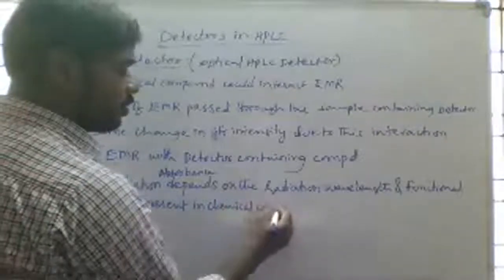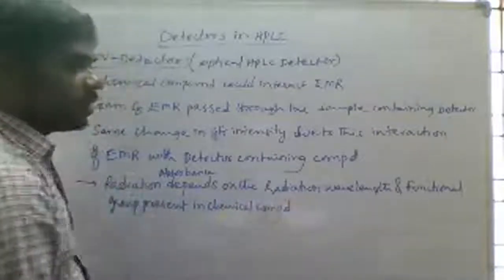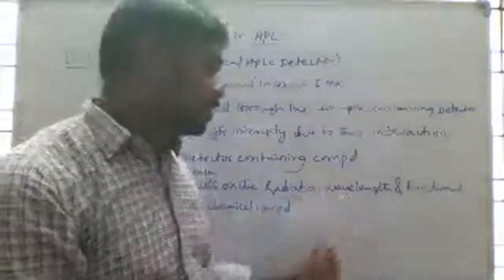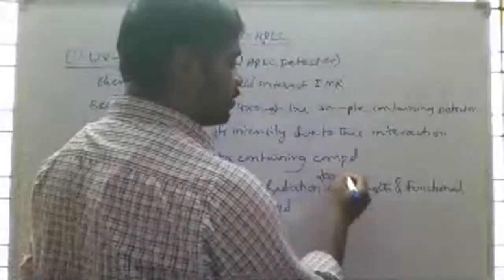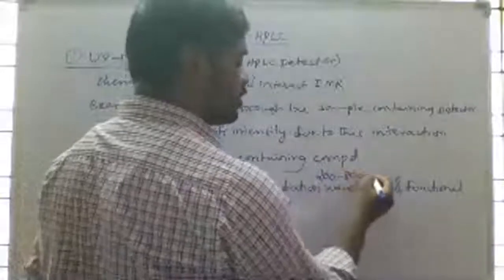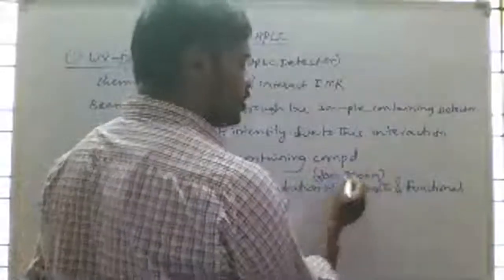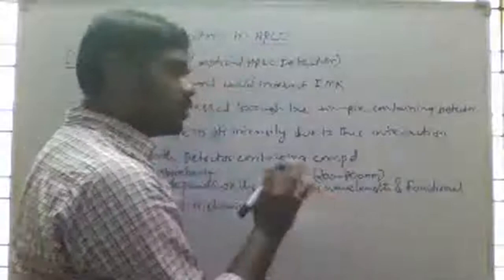Here the radiation wavelength is mainly in the UV visible region, that is 200 to 800 nanometers. So we use 200 nanometers, 300 nanometers, that is a variation.